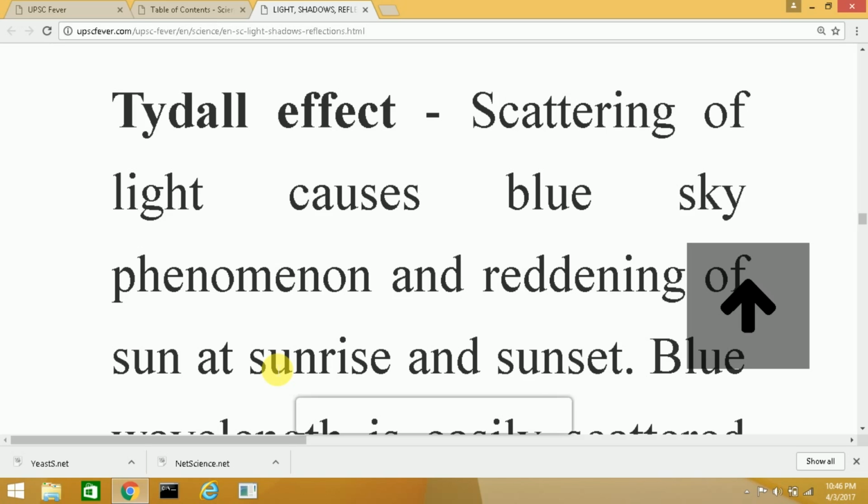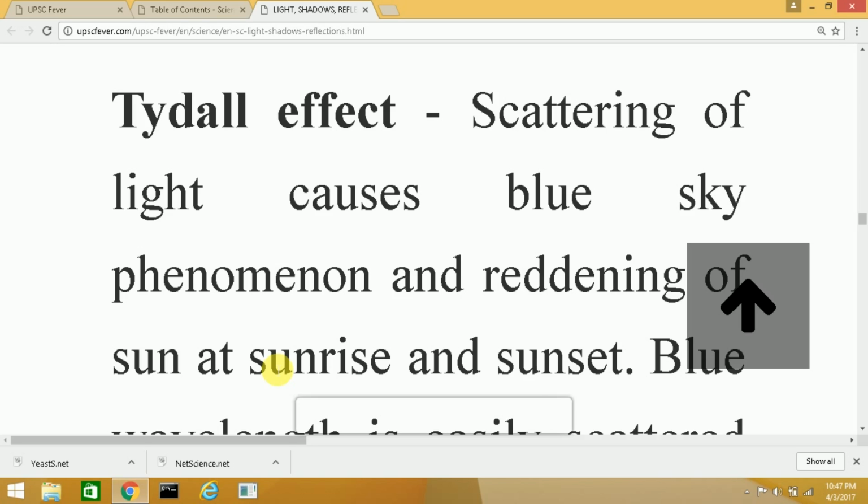However, if we move to a very great height where the phenomenon of scattering is negligible, blue sky disappears and we see a dark colored sky. Another reason why the alert lights or the beacons on top of VIP cars are red, because red has a higher wavelength and it won't be easily scattered by dust or fog, and so a red light travels for a longer distance without getting scattered and is easily visible from a distance.